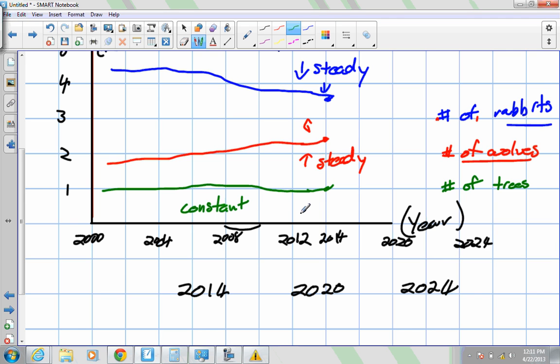predictions, okay? So 2020 isn't too far away. It's another 6 years from 2014. What would be a good estimate, you think, in 2020 for the amount of rabbits? Where do you think it'll end up, Brendan? 3.2, around here?